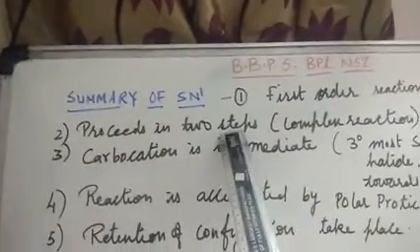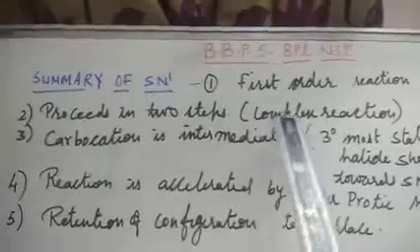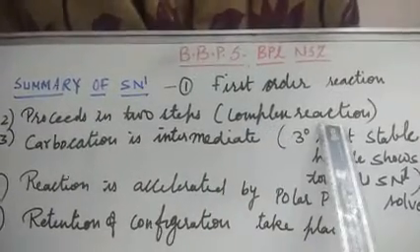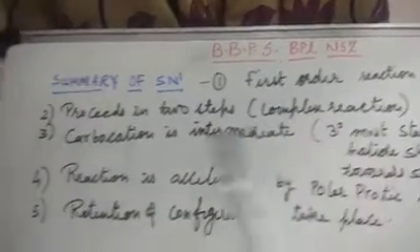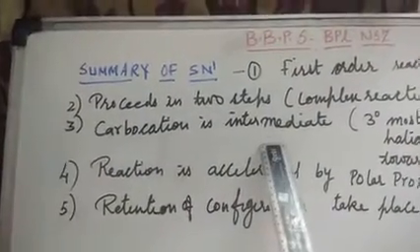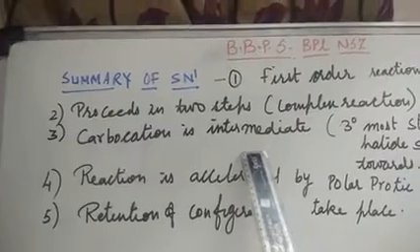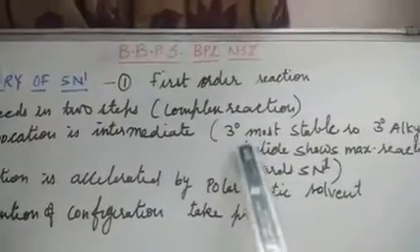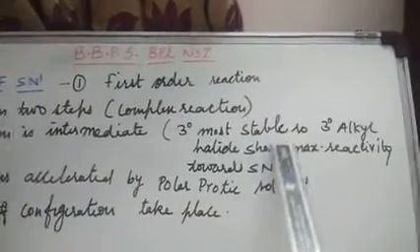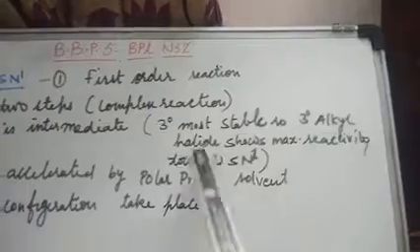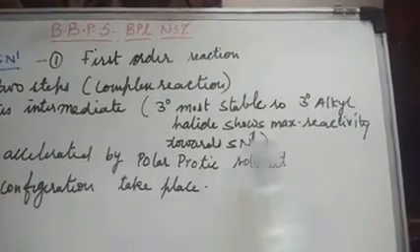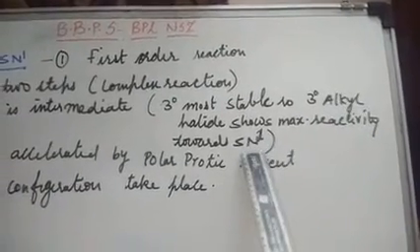It proceeds in two steps. That means the reaction is a complex reaction. Carbocation is obtained as intermediate. And since 3 degree carbocation is most stable, 3 degree alkyl halide shows maximum reactivity towards SN1.